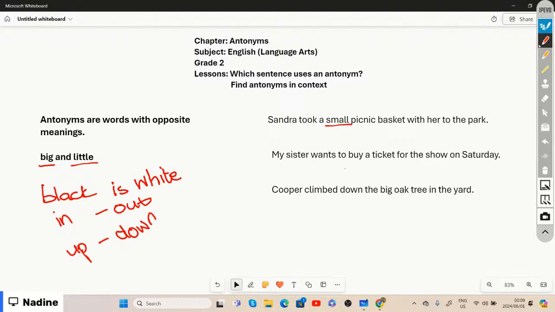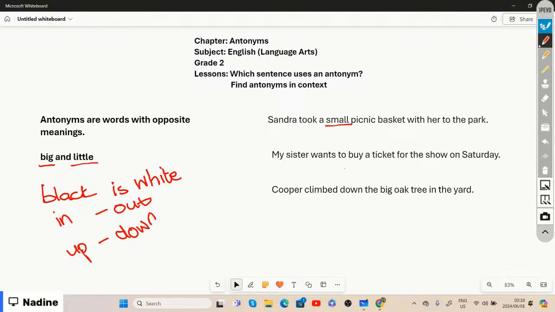If something is not small, then it is what? If it's not big, it is little.